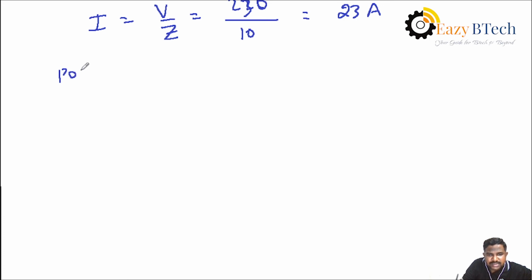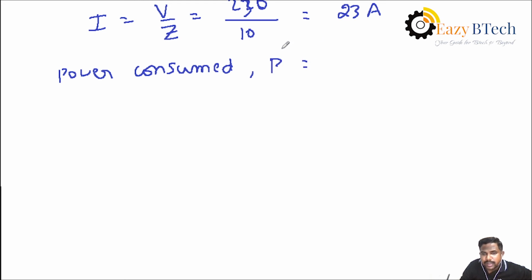Hence we know the current value and voltage value. This circuit consists of only resistance, so we have to find the active power. There is no reactive power in this circuit. Why? Because there are no reactive components, that is inductance and capacitance. That's why in the circuit we calculate only active power, which is only V into I in the case of resistance.